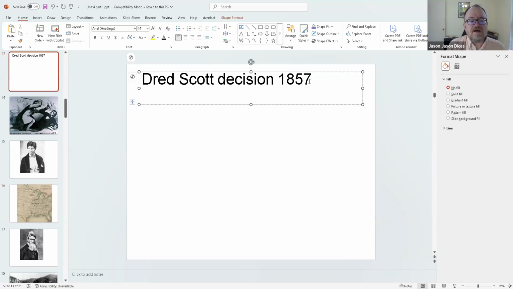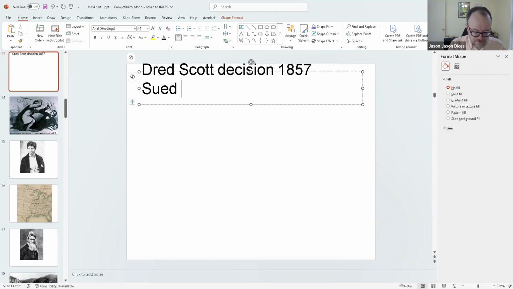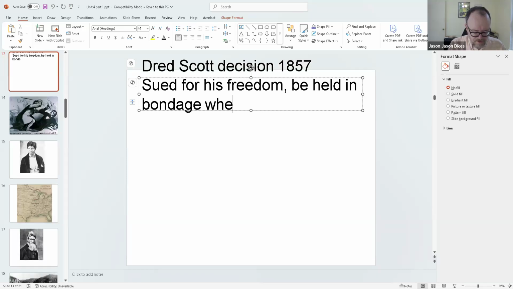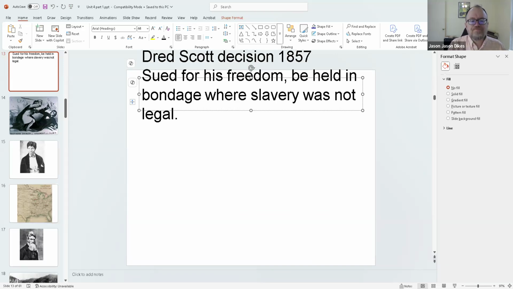So when his owner died, Scott sued for his freedom. He had been held in bondage where slavery was not legal.